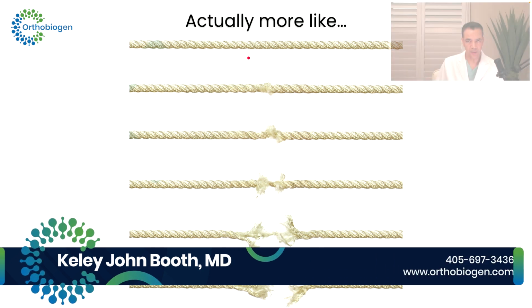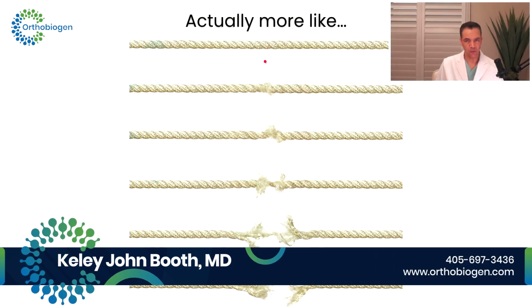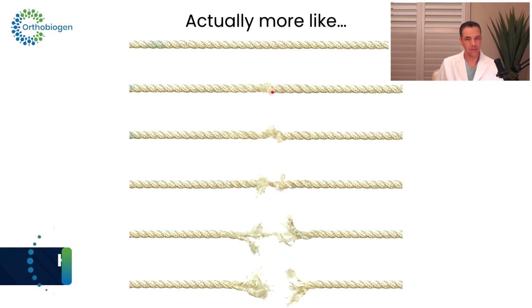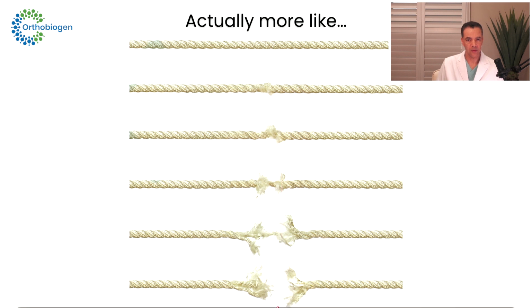What we're looking at here is everything from a completely intact tendon to a slightly rough one. This is some early fraying. Then here it's a little more, and then you're just barely hanging on by a thread, and then you get a rupture. It's much less common for the average person to go from the top to the bottom.